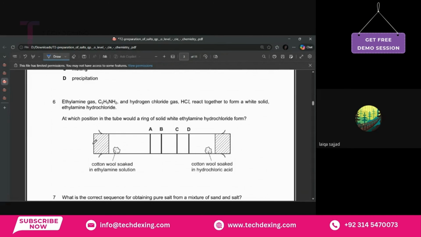Cotton wool soaked in ethylamine solution and cotton wool soaked in hydrochloric acid. This one is, I guess, not a part of your syllabus. Have you learned Graham's law of diffusion? No. So, yes, this is not a part of our syllabus.